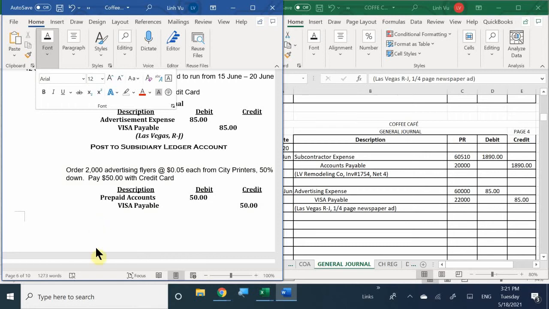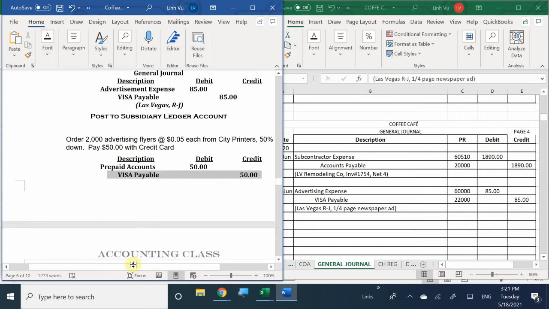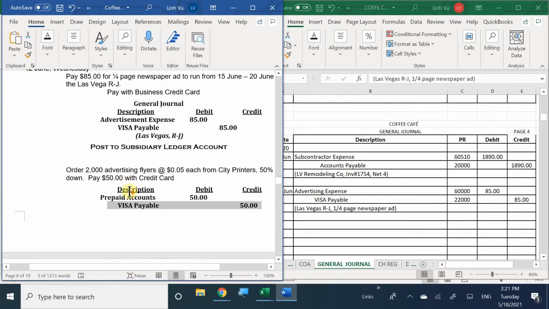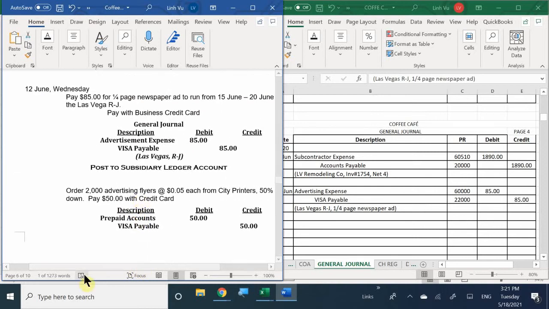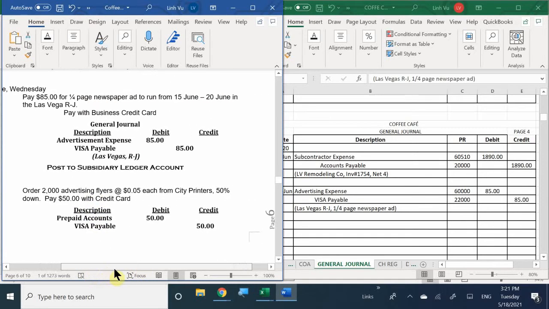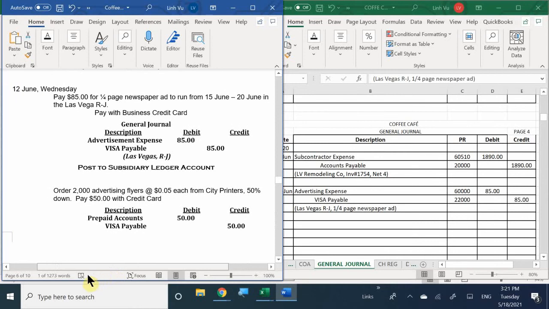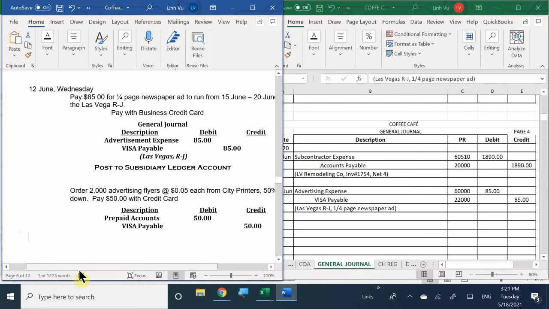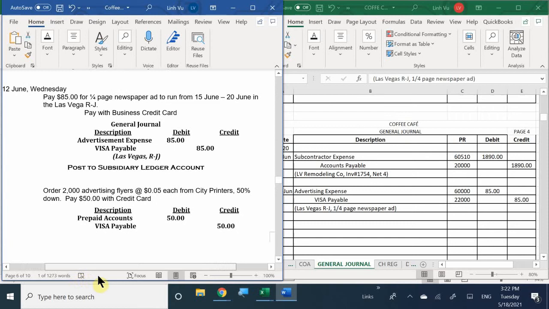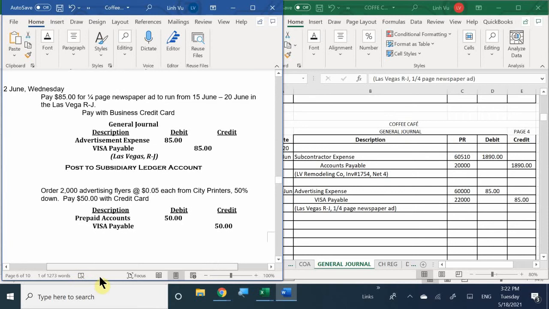So these flyers, how many did we order? We ordered 2,000 of them. And what was the price for them? 5 cents per.